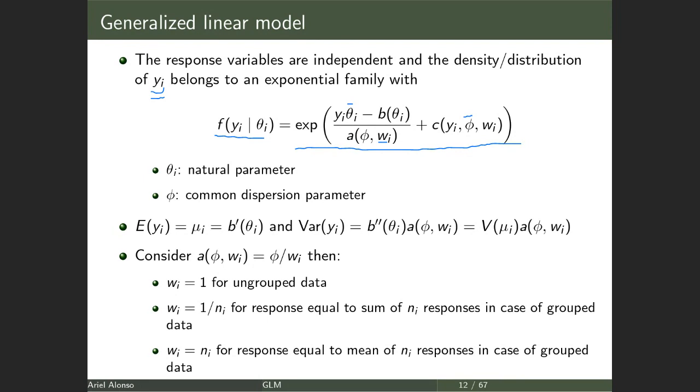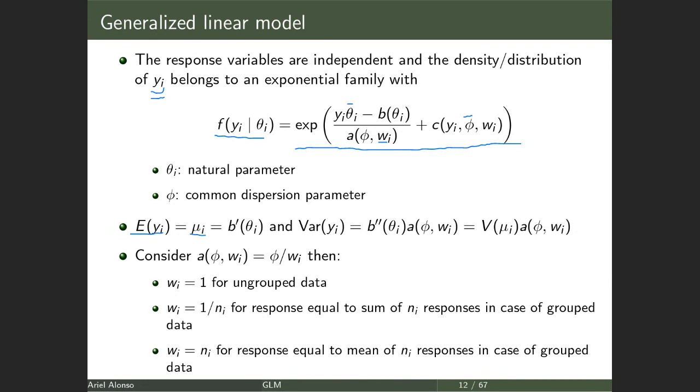It can be Poisson data. You can have, for instance, the number of cases with certain conditions in certain hospitals in a certain time frame, whatever. You have independent yi's that come from an exponential family distribution, and the natural parameter may depend on the subject, and the weight may depend on the subject, but the common dispersion parameter, as the word itself says, is common.